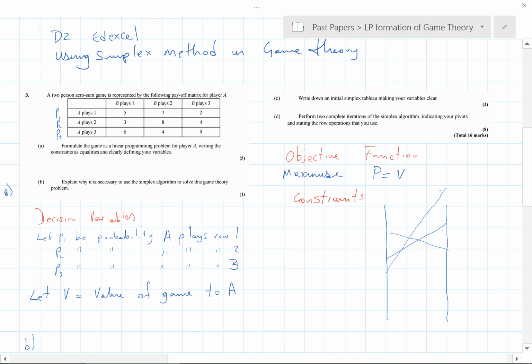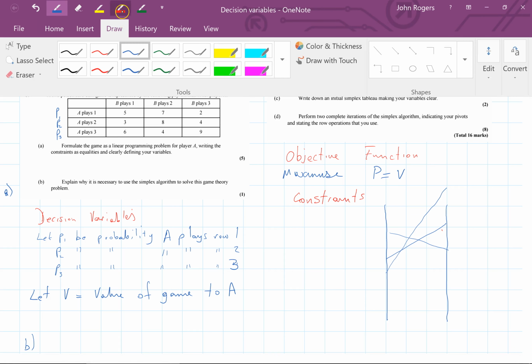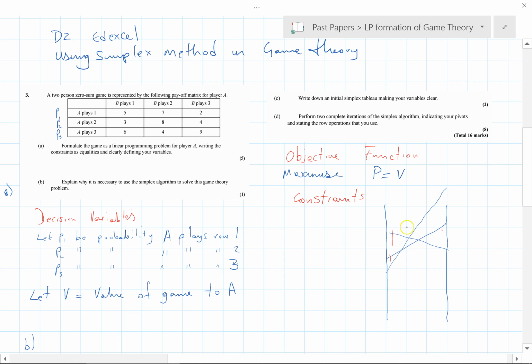And the feasible region being anything below these lines. So this is a feasible region. And the thing we're trying to maximize is P equals V here, that line. And we're trying to make that go higher.